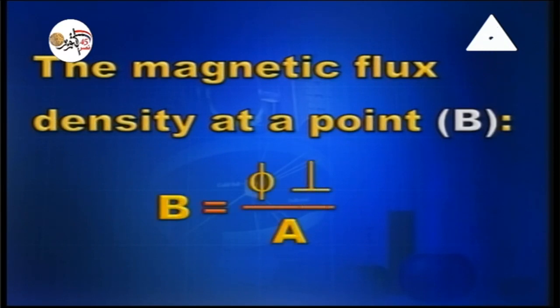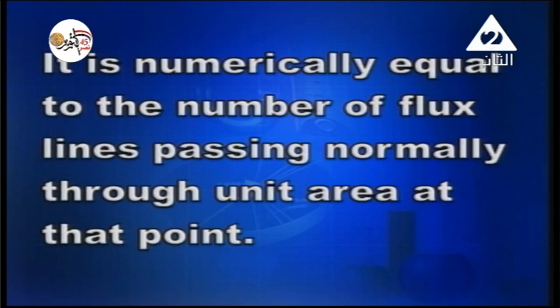First of all, it is determined by the relation B equals phi over A. Phi is the magnetic flux, B is the magnetic flux density, A is the cross-sectional area. So magnetic flux density is numerically equal to the number of flux lines passing normally through unit area at that point.